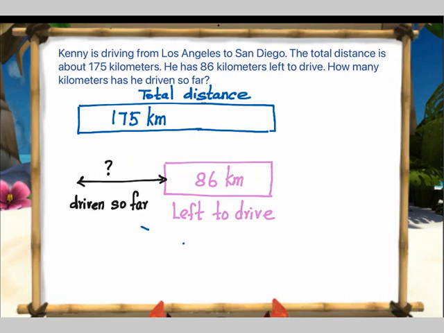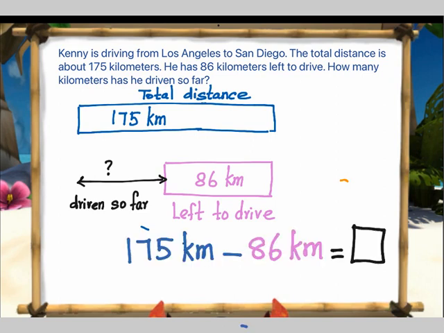If we know the total or the whole, and if we also know one part of the whole, to find the other part, we have to go for a subtraction number sentence.